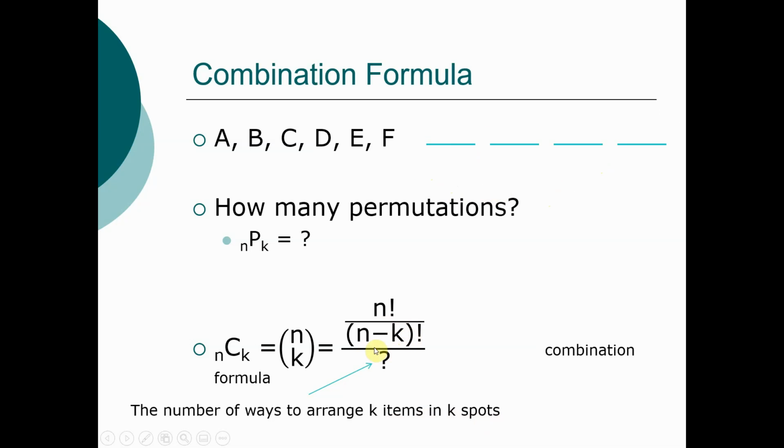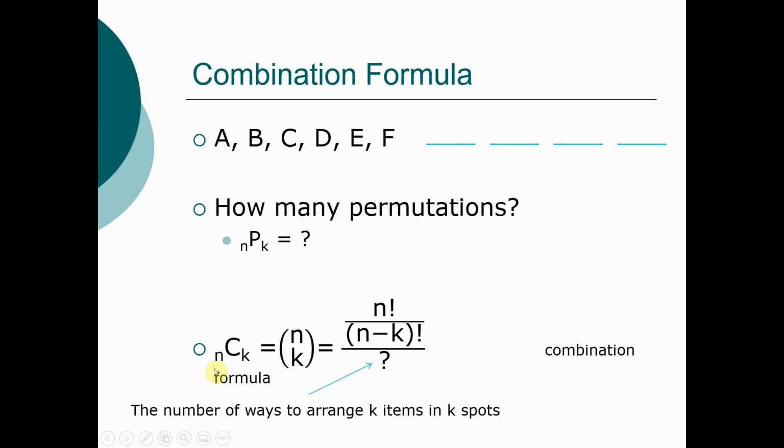So to find the combination formula, we just have to divide the permutation expression by the number of ways that we can arrange k items in k spots. That would be k factorial. The permutation of k objects in k spots would be k factorial.